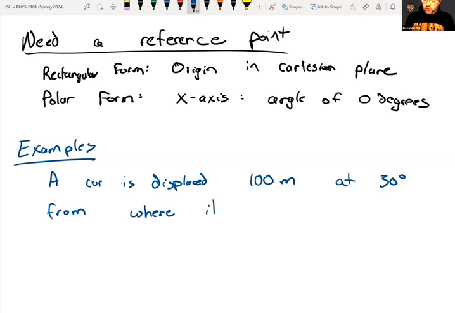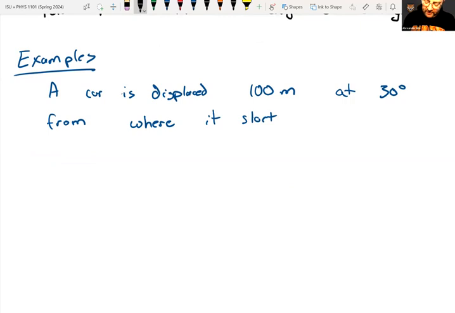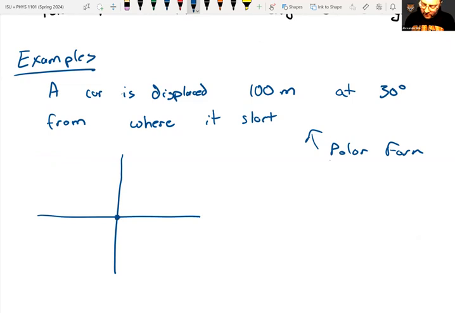All right, now the idea here is that if we're going to draw a picture of this, basically what this would mean, and this, by the way, is a polar form. But what we mean by this is that we had the start, and then the thing got moved at an angle of 30 degrees, and the end point was right there.